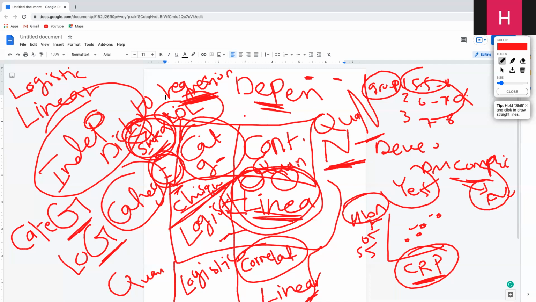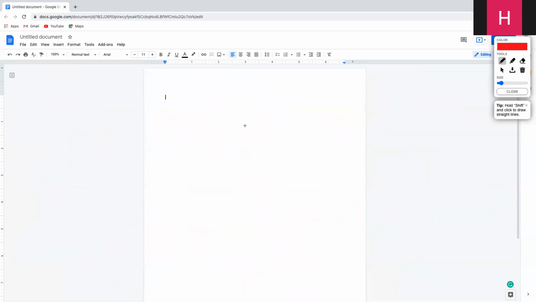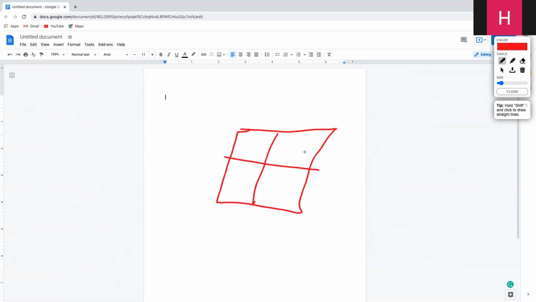And we will be left with two more things in this table, which are the ANOVA and the t-test. Same table, we are left with the ANOVA and t-test.